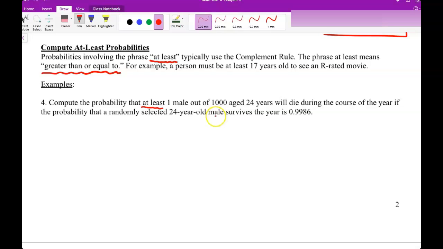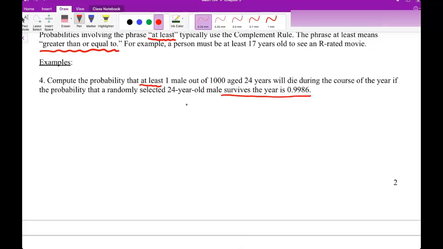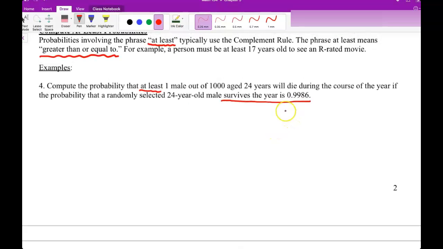So what we have here is the probability of survival is that one, and it's asking to find the probability of at least one dying. Since they are randomly selected, we have independent events.